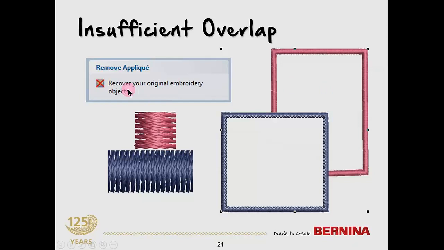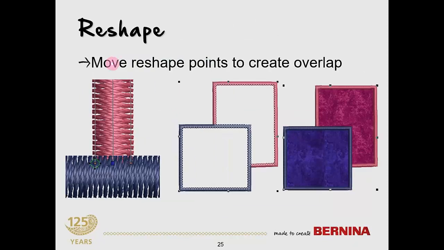So if this happens, you have to click on Recover Your Original Embroidery Objects in order to reshape the design. So here I go into Reshape and I'll move that point so it tucks underneath the overlapping applique piece. And then when I apply advanced applique, the white hatch marks are in both objects and I can apply applique fabrics then.